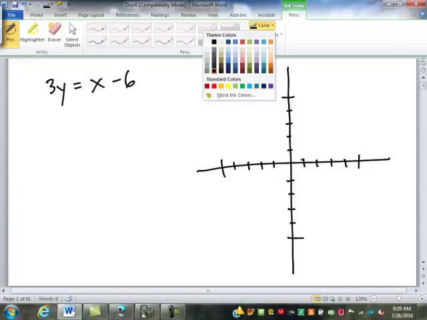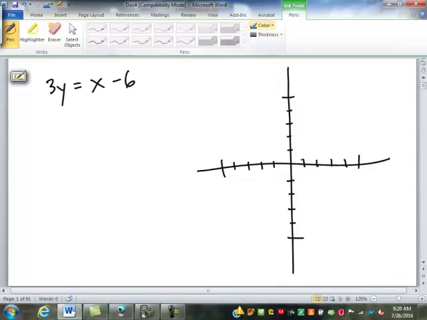Okay, so what do we have to do to alter this equation? We have to divide by 3. Then we have to divide every piece by 3, every term, every digit. So 3y divided by 3 is just y. Now over here, it helps if I make that a 1x. 1x divided by 3 is 1/3 x.